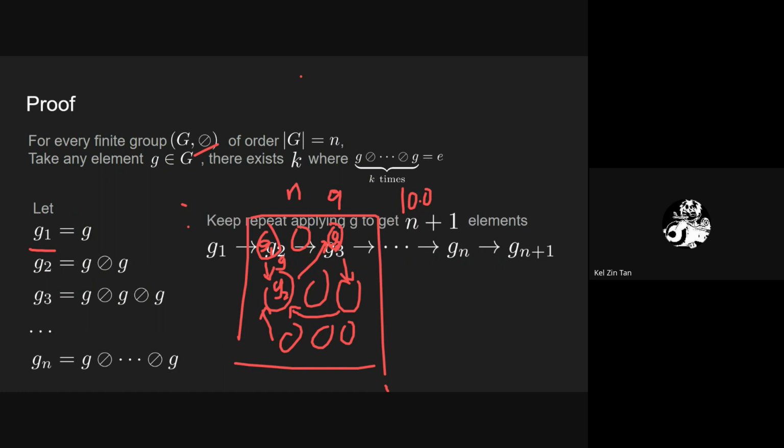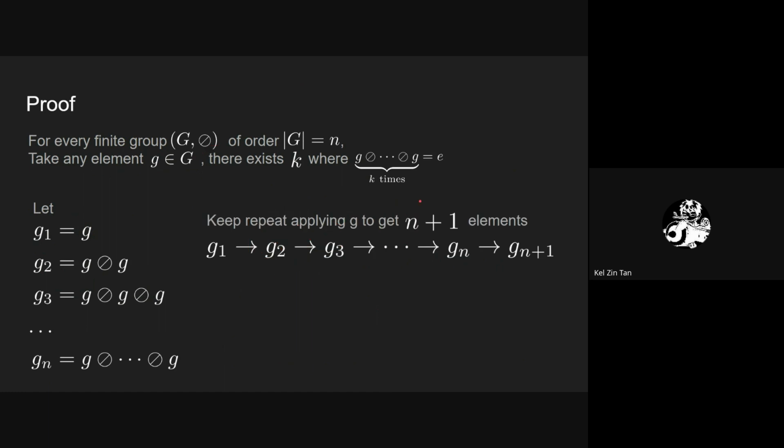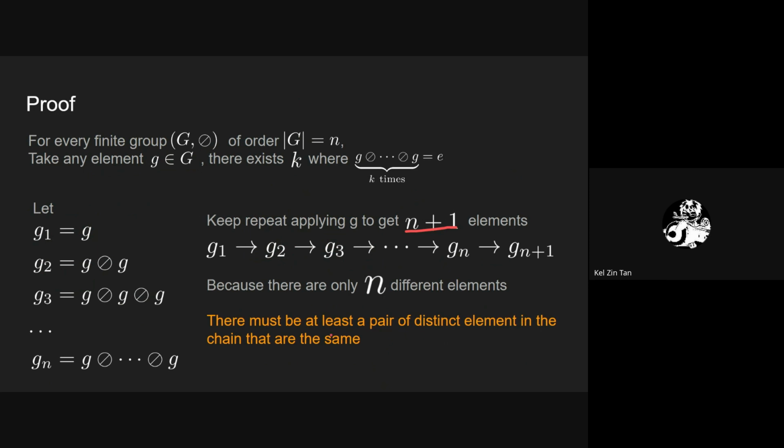So I keep repeating applying g and I get n plus 1 elements, but there are only n different elements. This means there must be at least a pair of distinct elements in the chain that are the same. So basically, it's the concept of a repeating cycle. Like I jump from here to here, and then from here to here, and then I jump again.